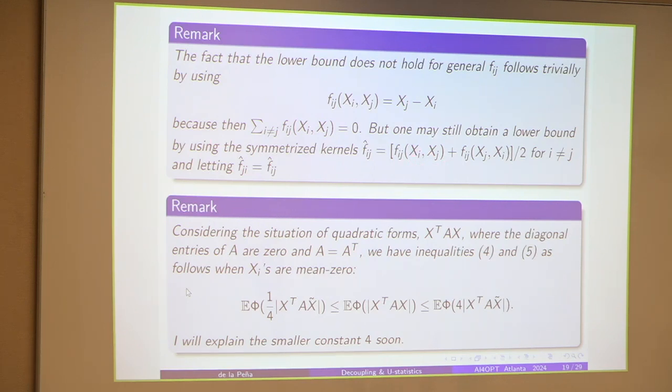And so then you can apply the inequality. Now, this is the special case of random matrices. Well, actually, the special case of quadratic forms of independent variables applies as well. So this is what Candes and Recht used, a version of this inequality.